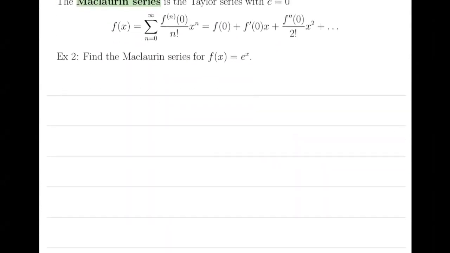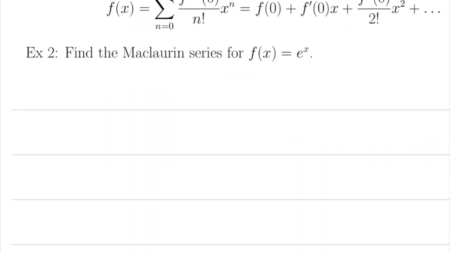So let's do an example. Let's find the Maclaurin series for f of x equals e to the x. So let's find the coefficients. We need f of x and all its derivatives. And this one's pretty easy because all its derivatives are just itself.